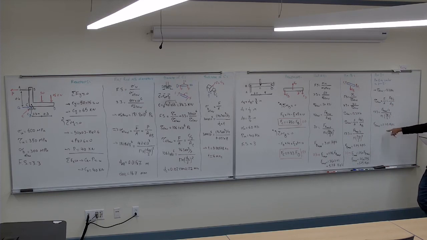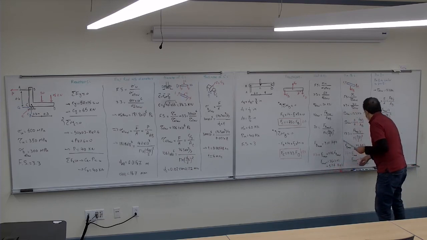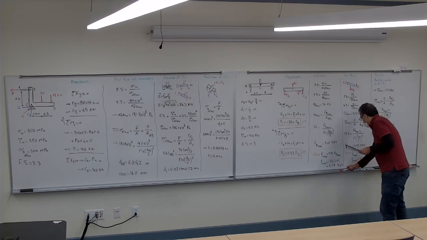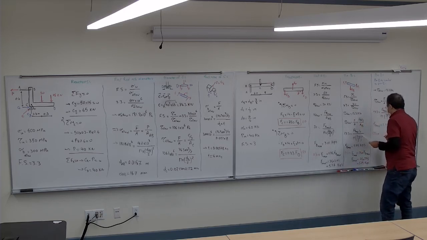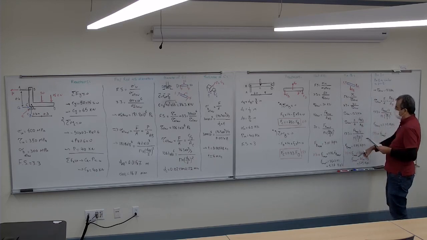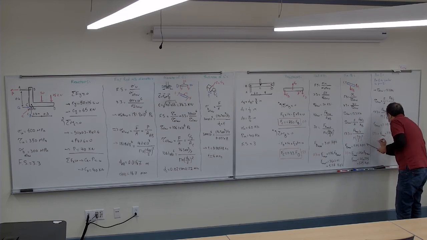Now, look here, I have to use equation 2 instead of equation 1. So now the difference is here. Equation 2 tells me FC max is 2.33 FD max. So FC max would be 2.33 times 2.95.